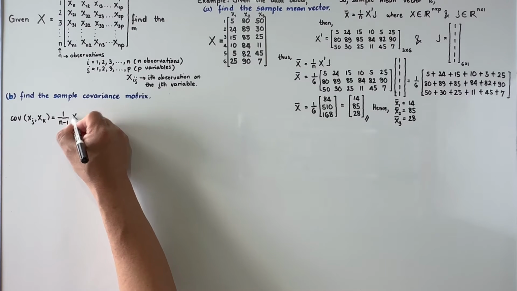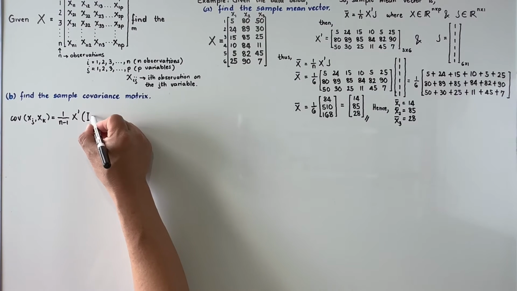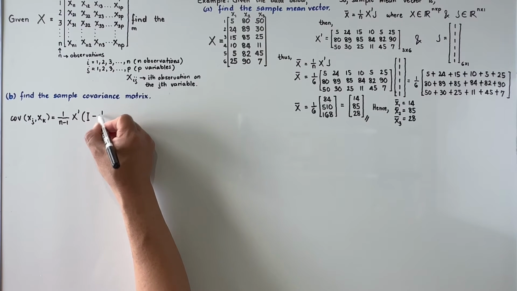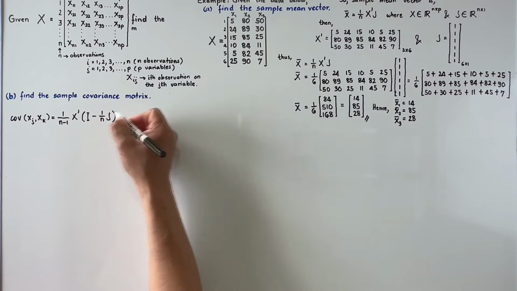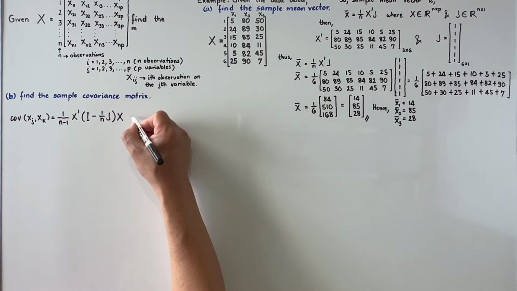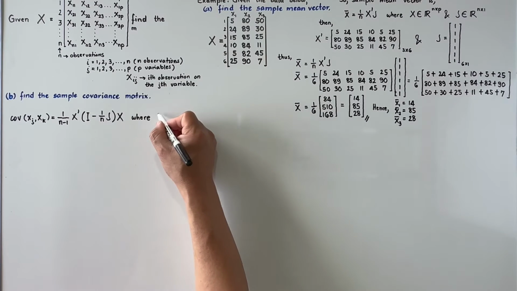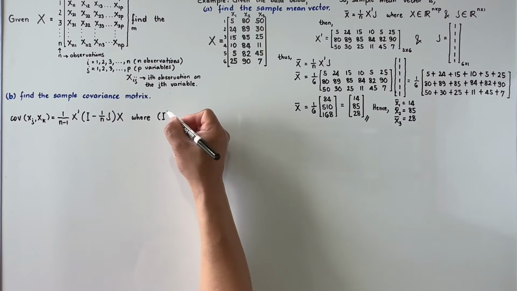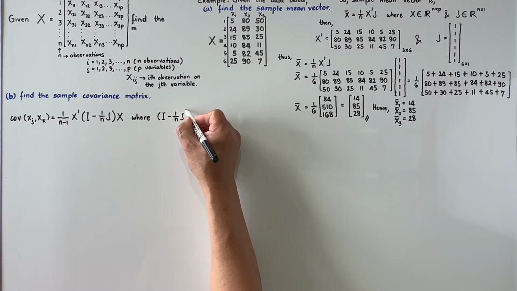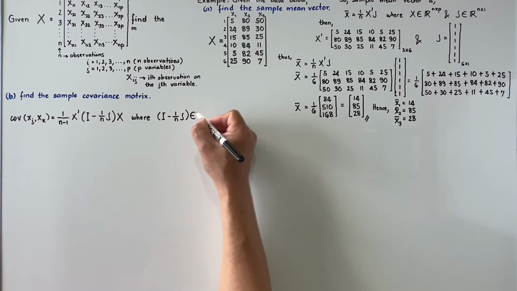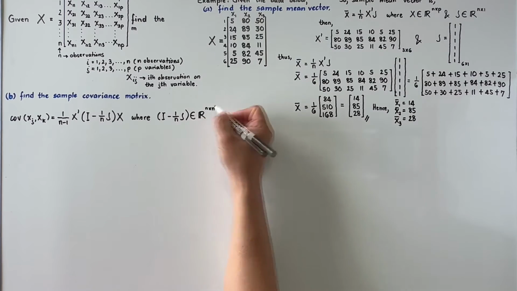Then we multiply this by X transpose times the identity matrix I minus 1 over n of the matrix J, times the data matrix X, where this matrix I minus 1 over n J is a matrix whose elements are real numbers of size n by n.